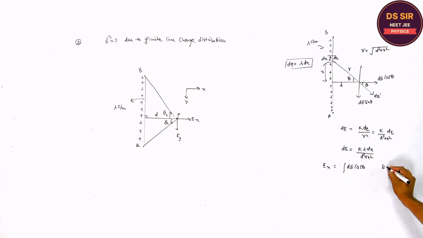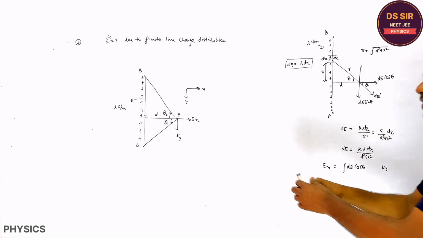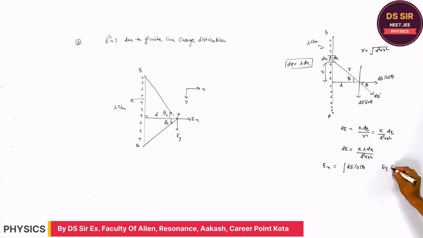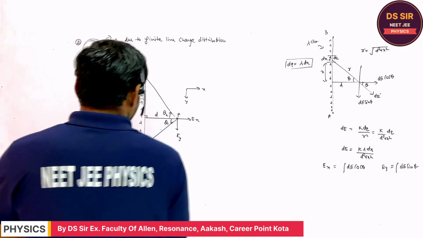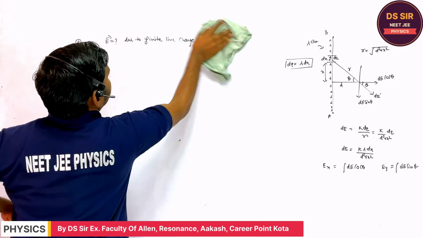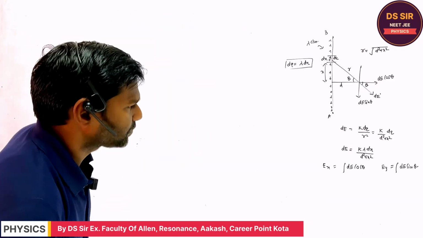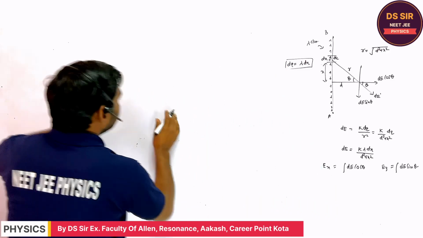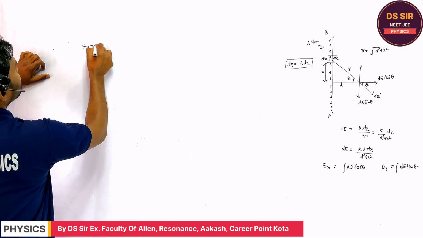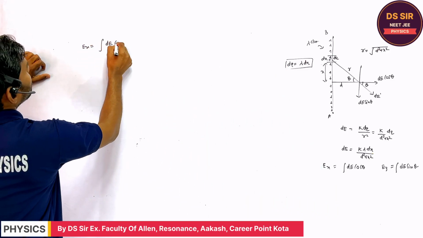And the y component is nothing but the integration of dE sin theta. Separately you will integrate and you will get the Ex and the Ey. So on this side I am trying to integrate this. First I will integrate the Ex, equal to the integral of dE cos theta.